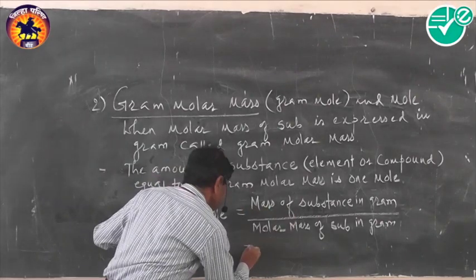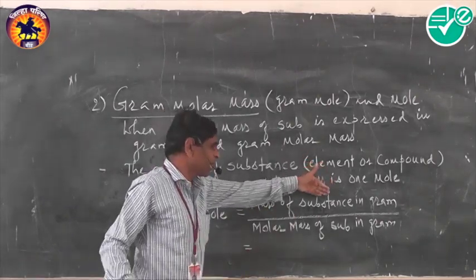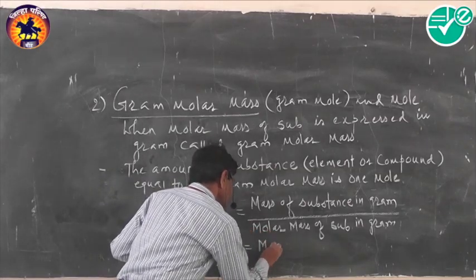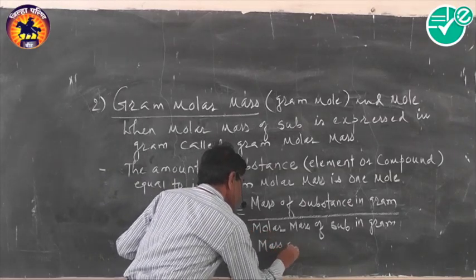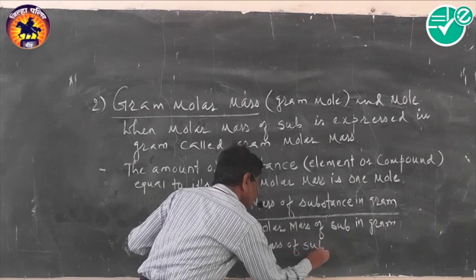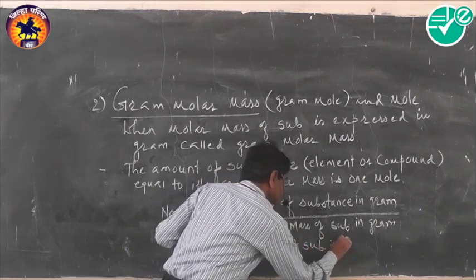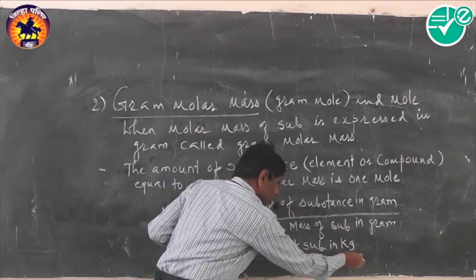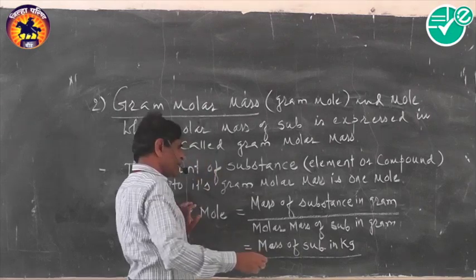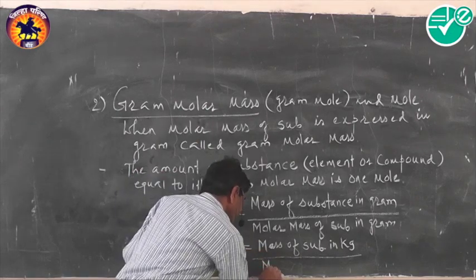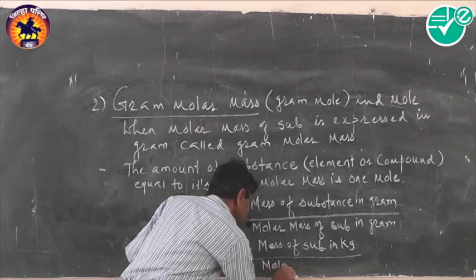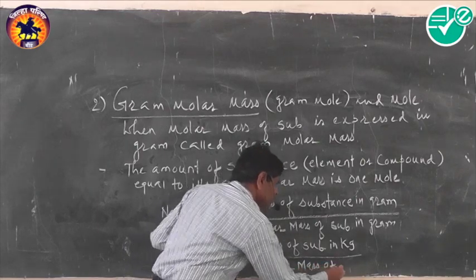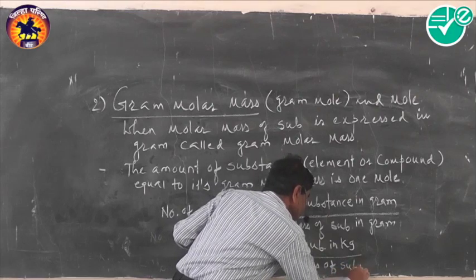Or, if mass is expressed in kilogram, then molar mass is also expressed in kilogram, and thus it is equal to the mass of substance in kilogram divided by the molar mass of substance in kilogram.